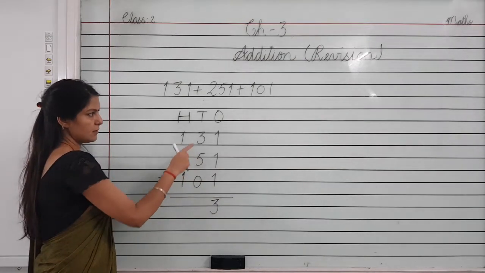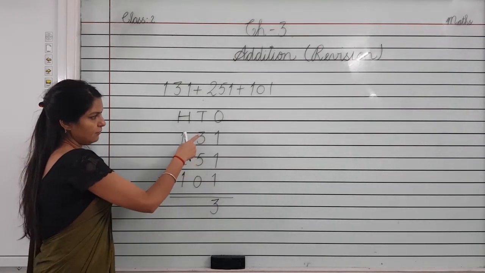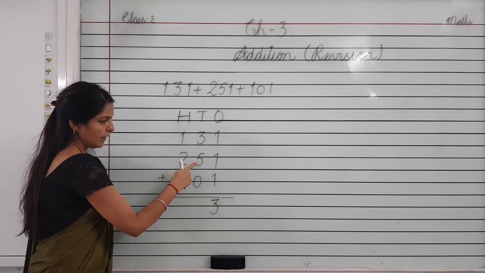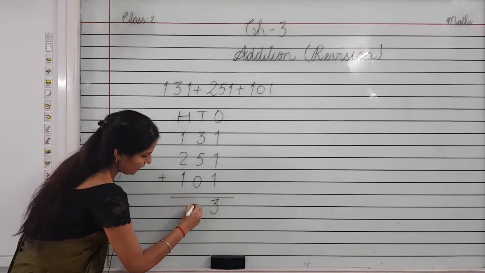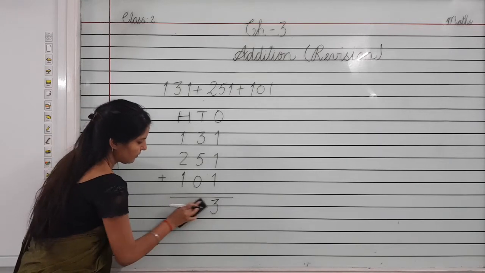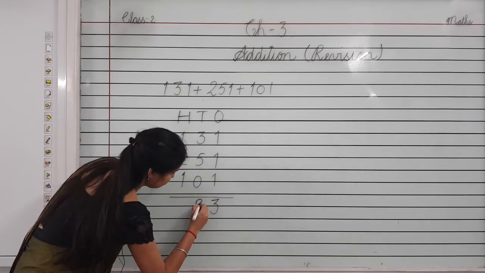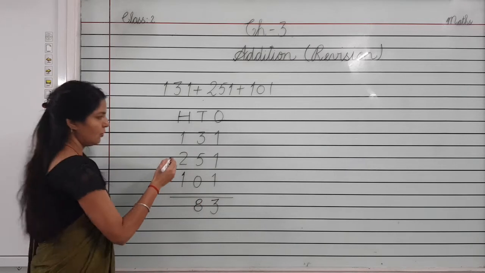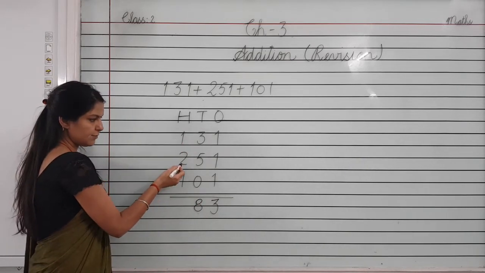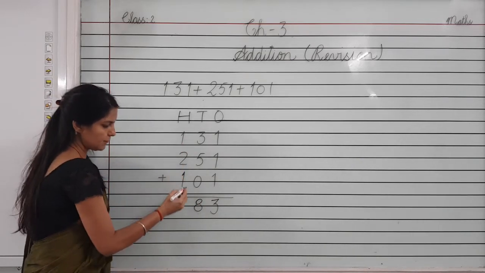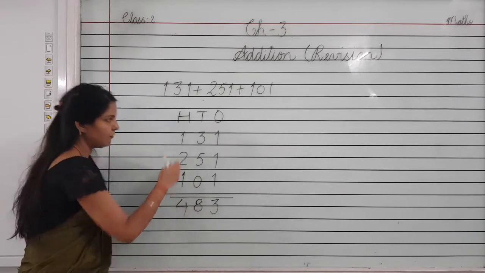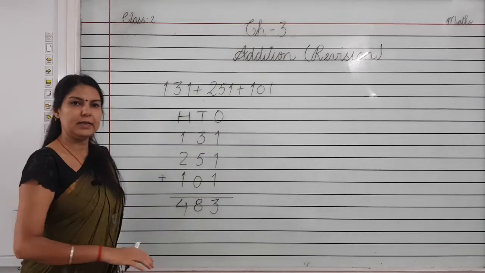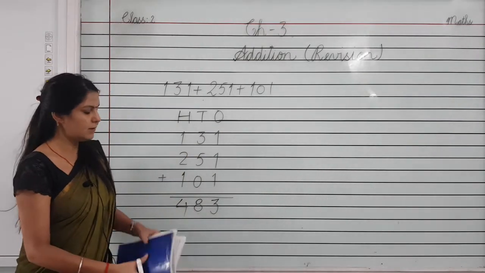Don't forget this. 5 plus 3 will be 8 and 8 plus 0 will be 8. Now here 1 plus 2, 3, 3 plus 1, 4. The sum of these numbers is 483. I hope you have understood.